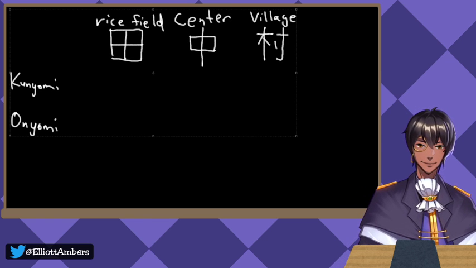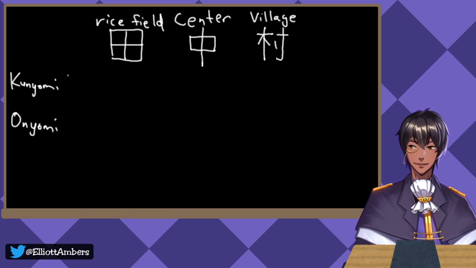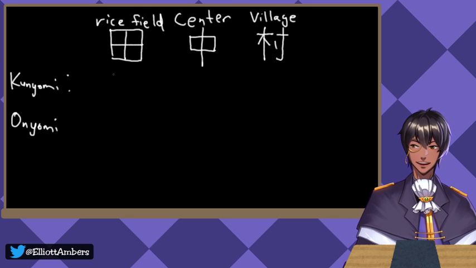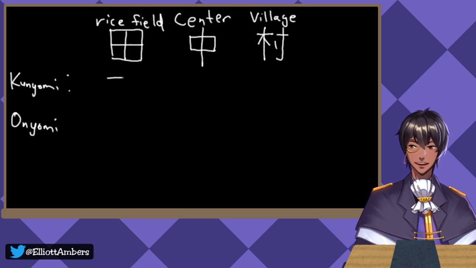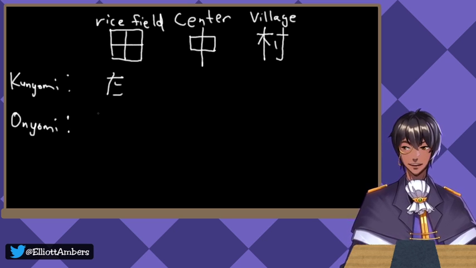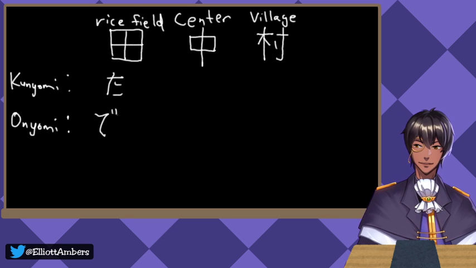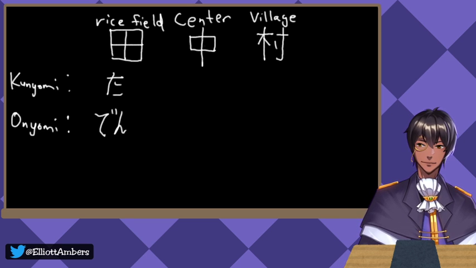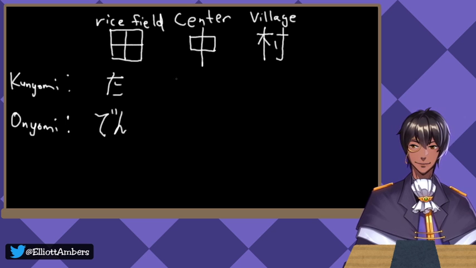For kunyomi, rice field is read out as ta. The onyomi for this is den. Here we have naka as the kunyomi reading.